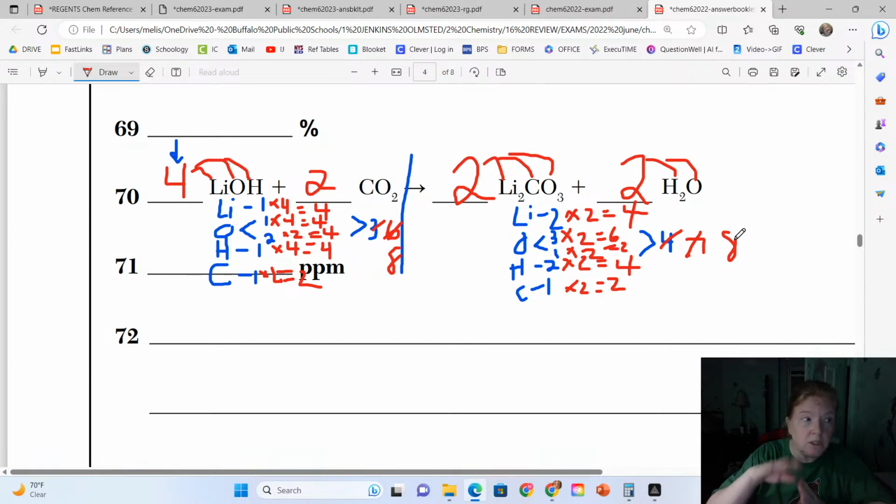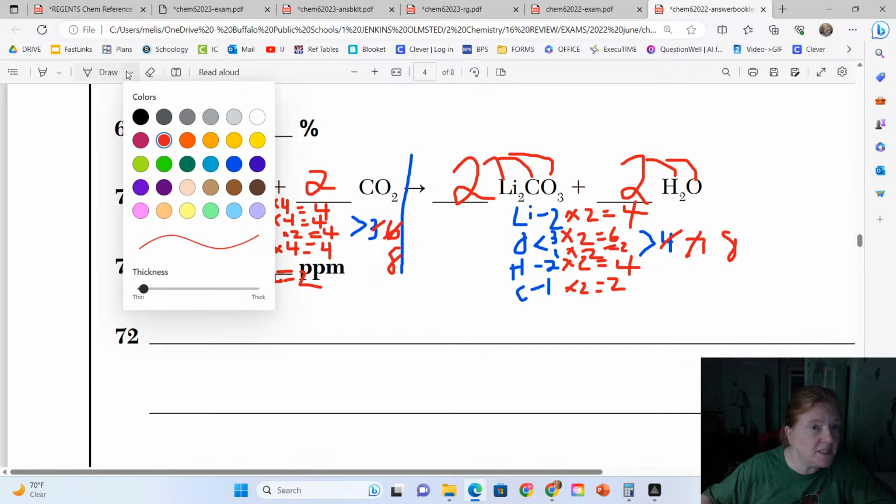But here's the one glitch that you have to remember, because it will tell you to balance with the smallest whole number coefficient. So remember how I wrote a 2 in the beginning? Can I divide all of those numbers by 2? I can, right? So I have to.